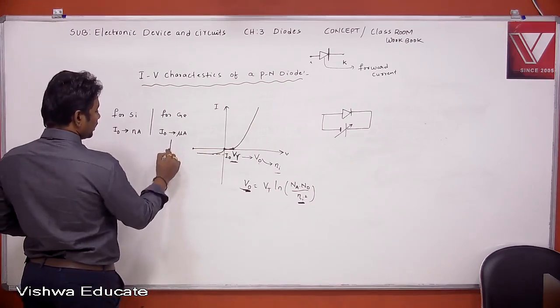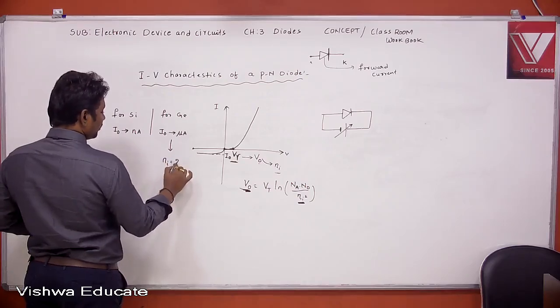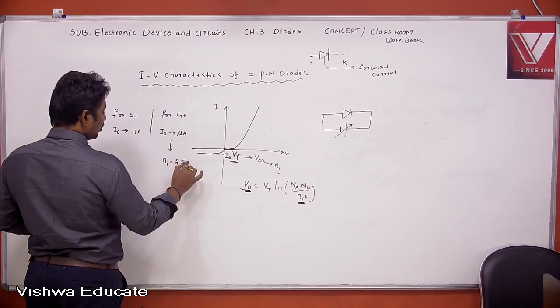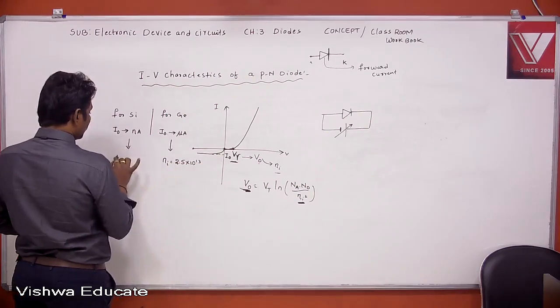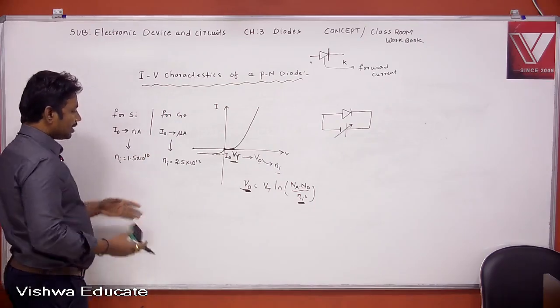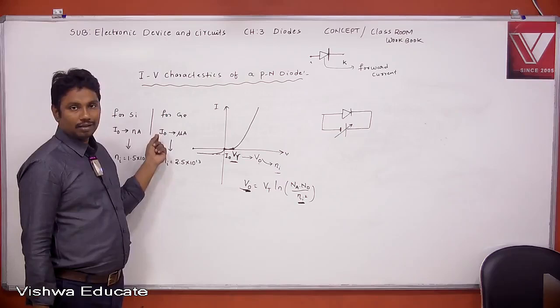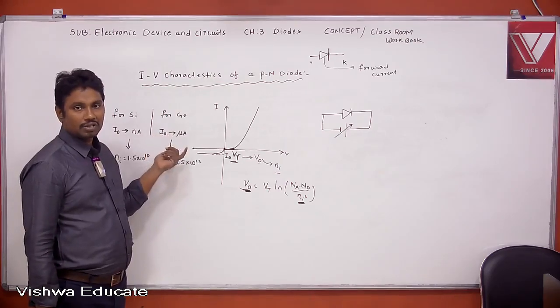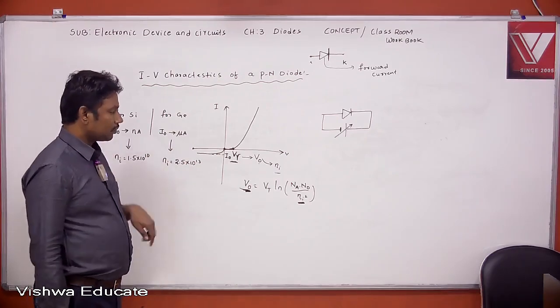Because it has high intrinsic concentration. For germanium, the intrinsic concentration value is 2.5 into 10 power 13, whereas in silicon it is 1.5 into 10 power 10. High intrinsic concentration means high reverse saturation current, because reverse saturation current depends on intrinsic concentration.